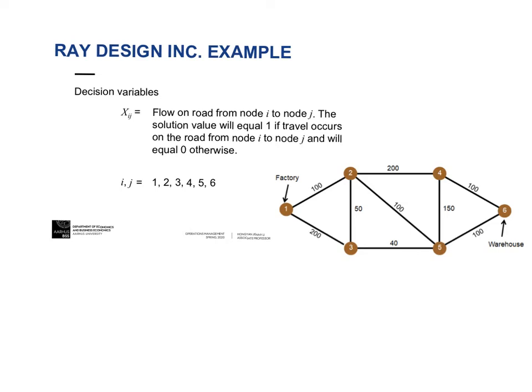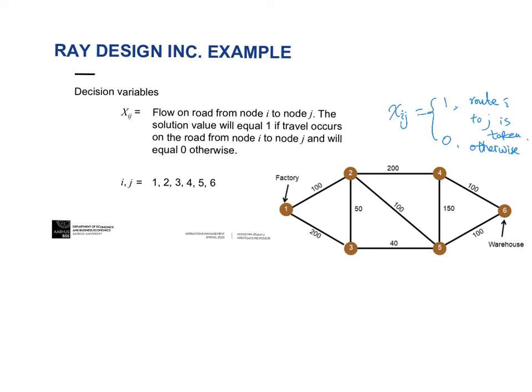In other words, xij equals 1 if the route from i to j is taken in your solution, otherwise it is 0.